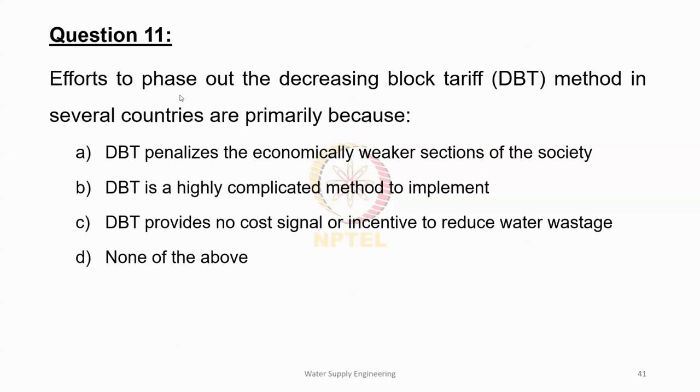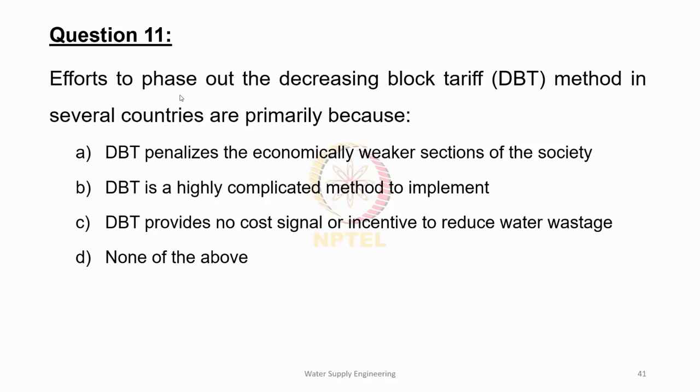Question number 11. Efforts to phase out the decreasing block tariff method in several countries are primarily because option A, DBT penalizes the economically weaker sections of the society. Option B, DBT is a highly complicated method to implement.